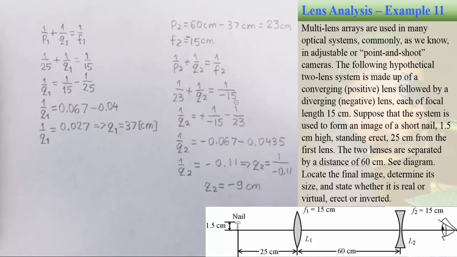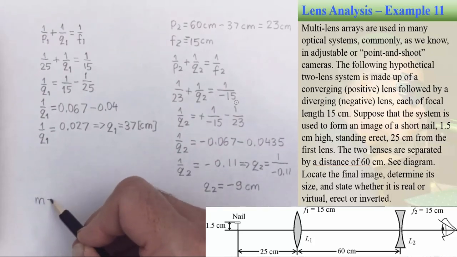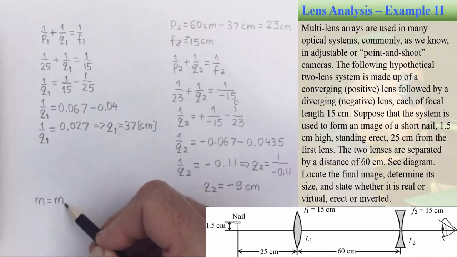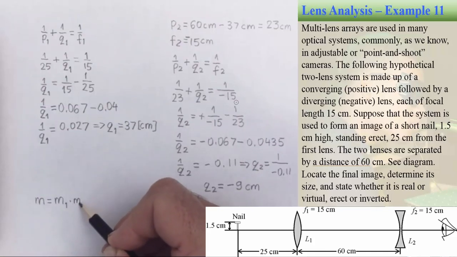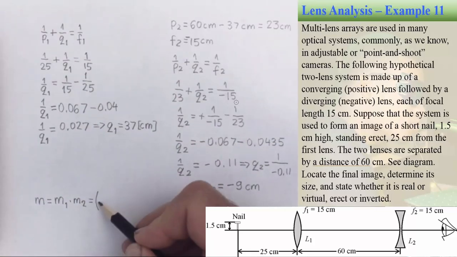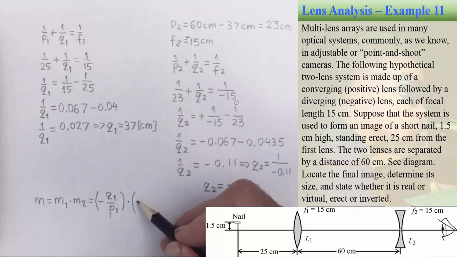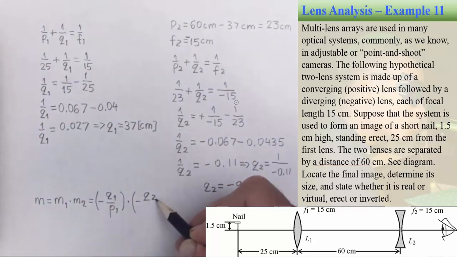We can also figure out the size of this final image. So the total magnification is going to be equal to the magnification of the first lens times the magnification of the second lens. Magnification of the first lens is minus Q1 over P1 times the magnification for the second lens, which is minus Q2 over P2.